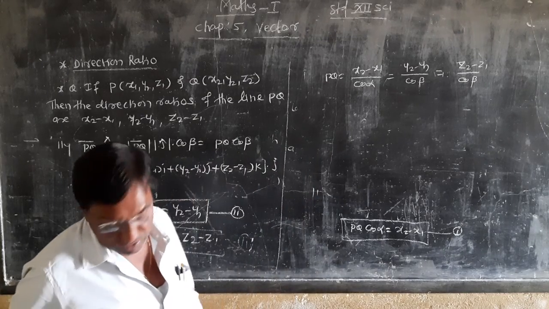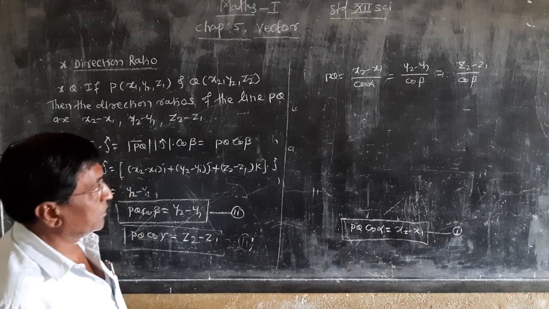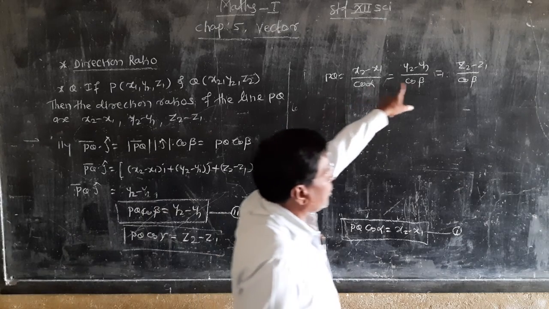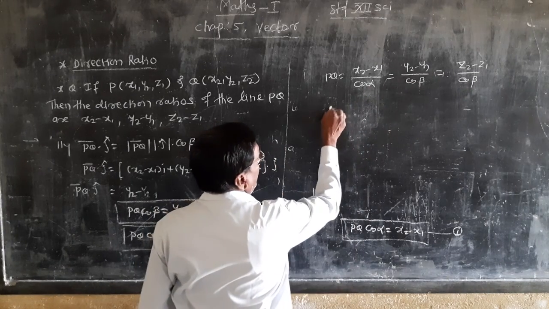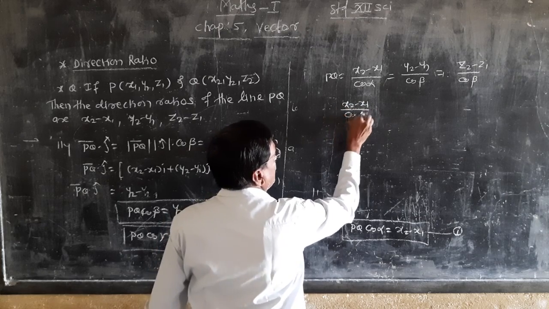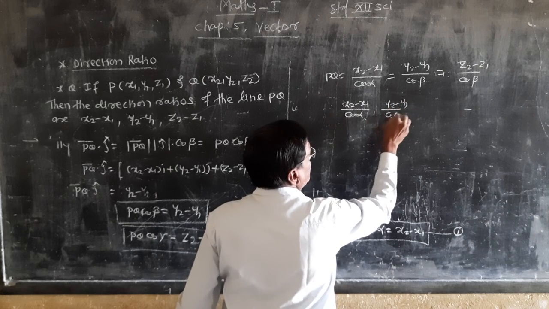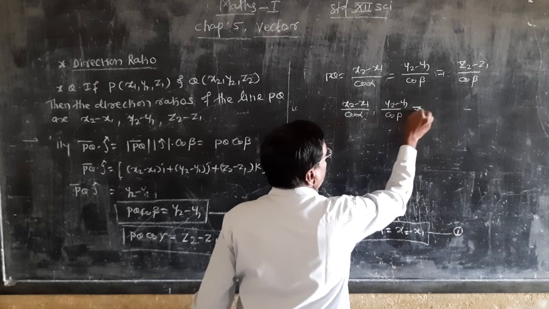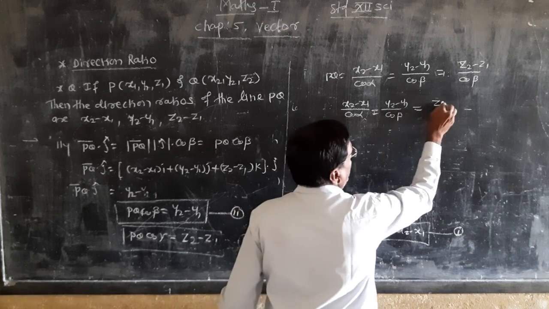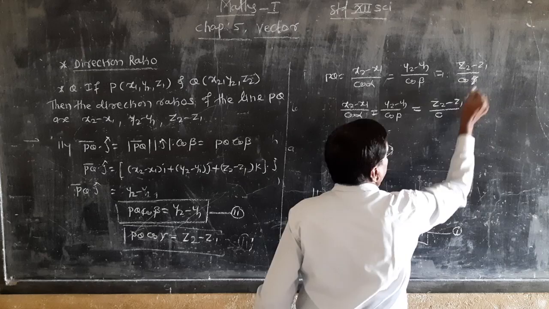Now all these values are equal, that is, all are constant, and therefore we write x2 minus x1 upon cos alpha, equal to y2 minus y1 upon cos beta, equal to z2 minus z1 upon cos gamma.